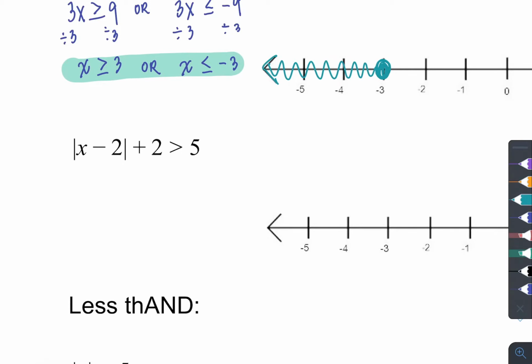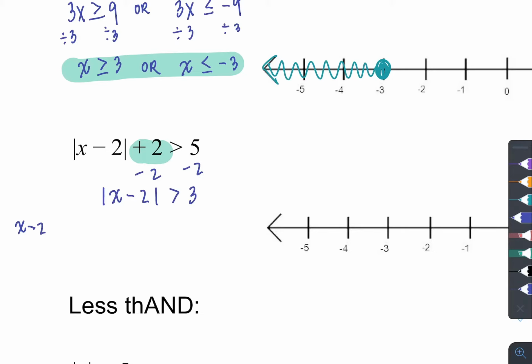Okay, so then for this next one, step 1, we have to isolate our absolute value. Right now we have this plus 2 on here, so we need to get rid of that. So we'll subtract 2 from both sides. We get the absolute value of x minus 2 is greater than 3. We have greater than, so it's an or.